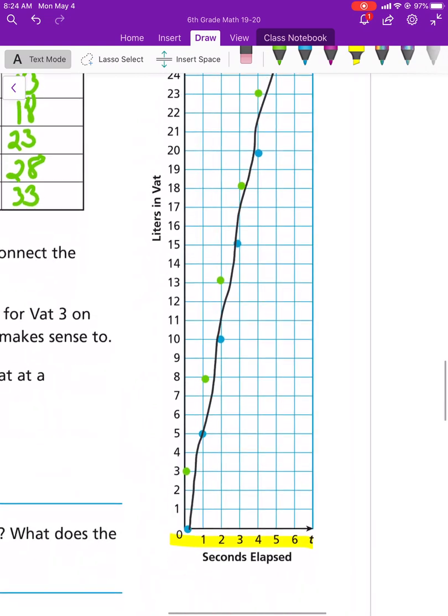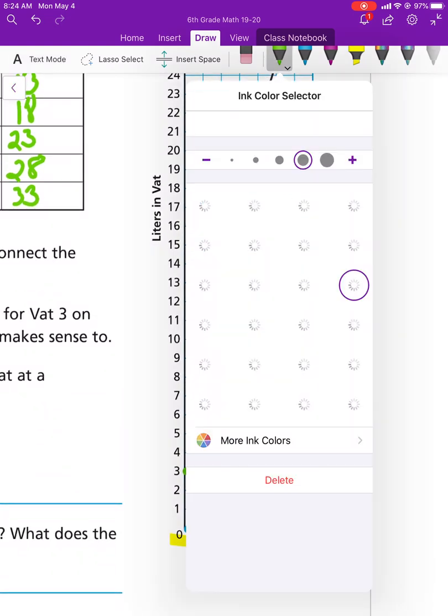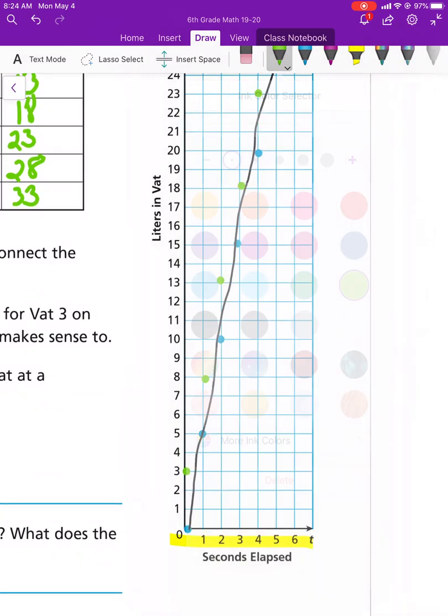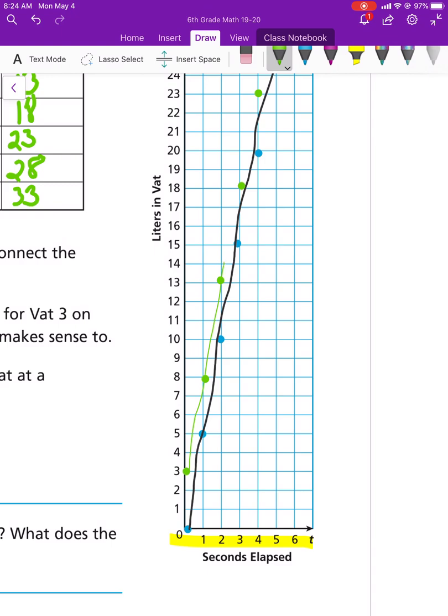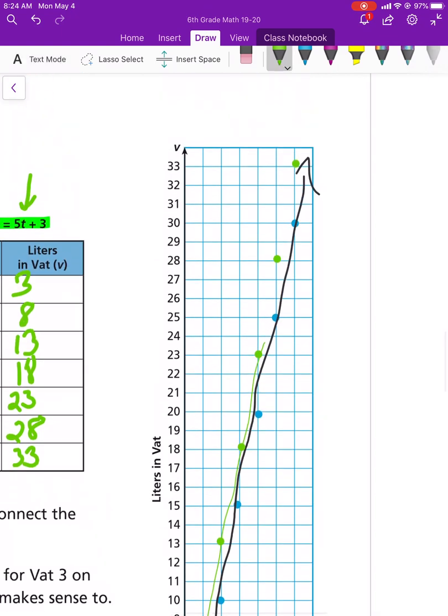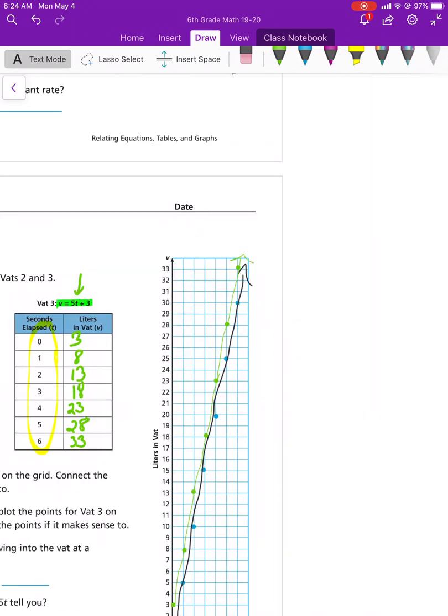Okay, let's connect those lines, and let's do it with a tiny little green line. So I have those lines, and I just wish that those looked more straight.